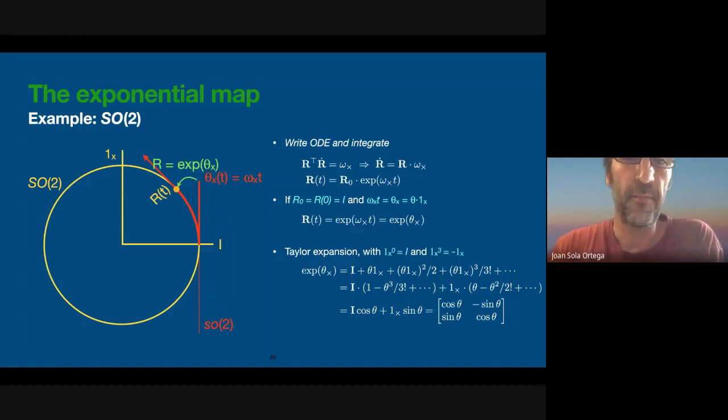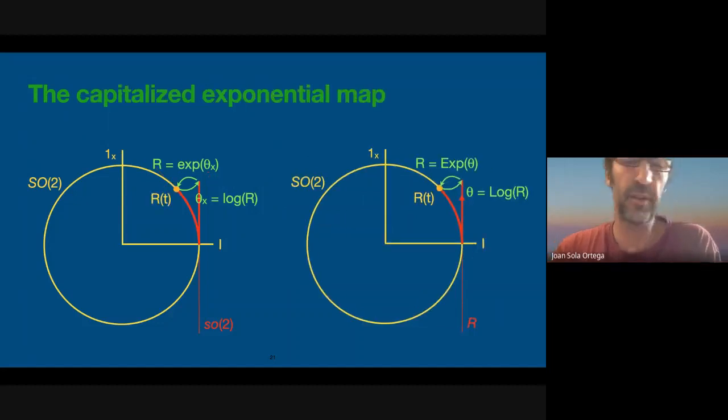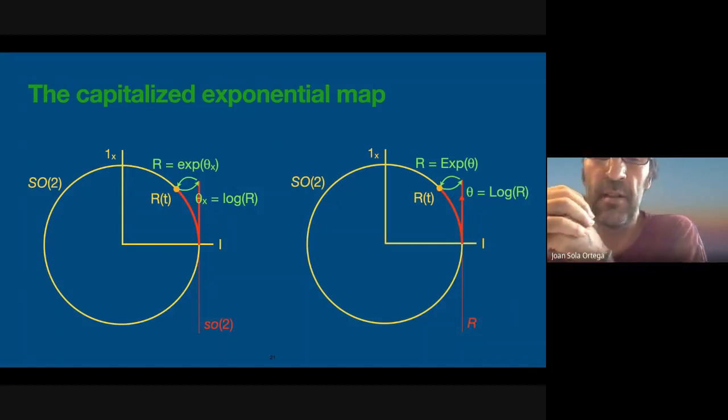All right, so the exponential map goes from the Lie algebra to the group, and the logarithmic map goes from the group to the Lie algebra. In this case, we use theta cross, which means we are in the Lie algebra. We said before that we can represent elements of the tangent space by Cartesian vectors.